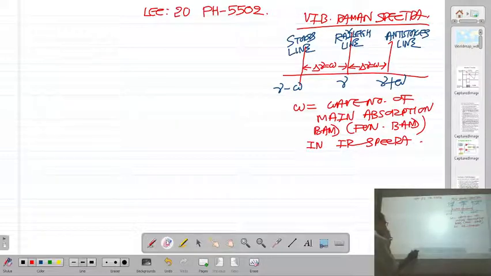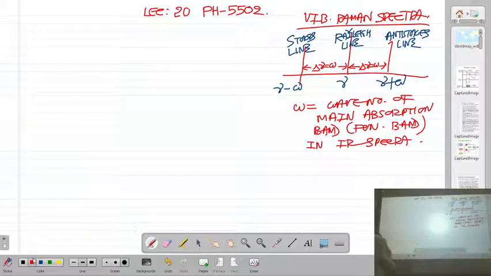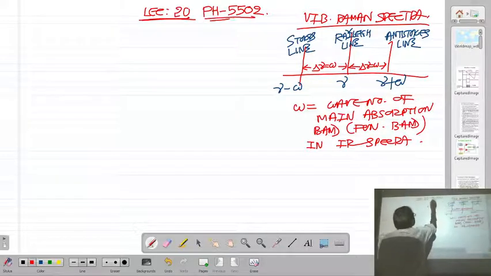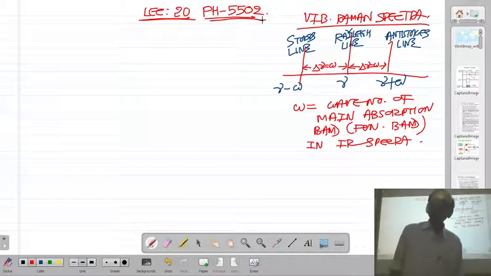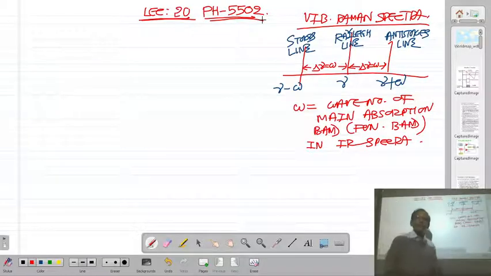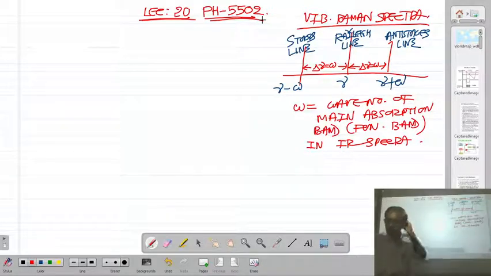Now in this lecture we will study the other kind of Raman spectra, because as I told you there are two kinds of Raman spectra, vibrational Raman spectra and rotational Raman spectra.